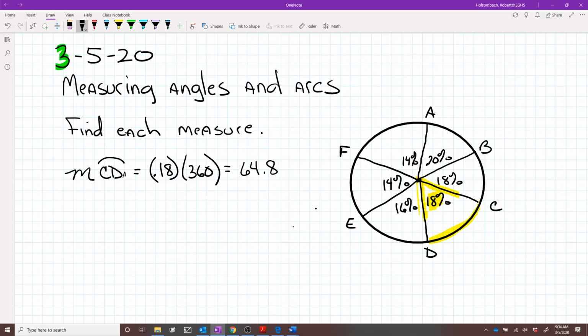Now, that is in degrees. Alright, so the measure of arc BC. Well, that's the same as arc CD. They're both 18% of 360, so that's 64.8 degrees as well. The measure of arc EF.